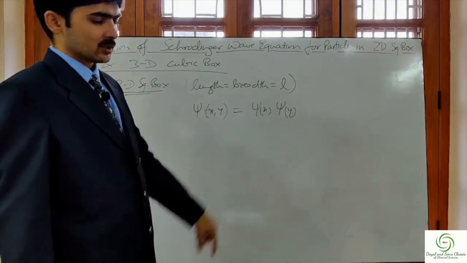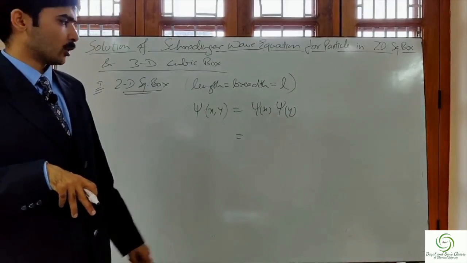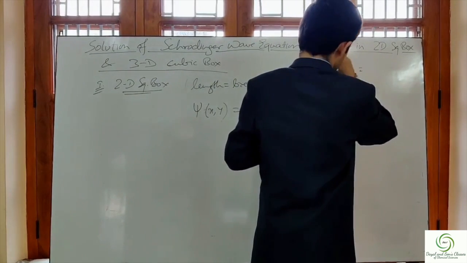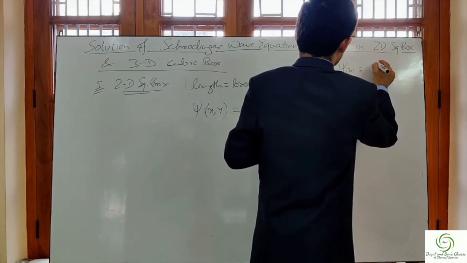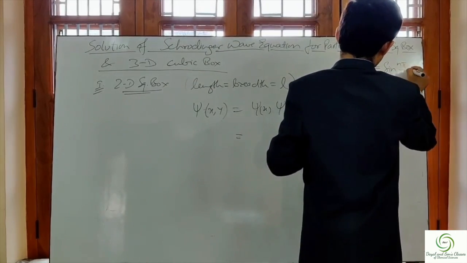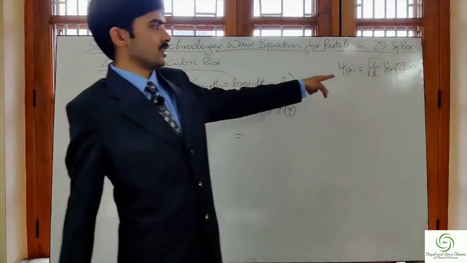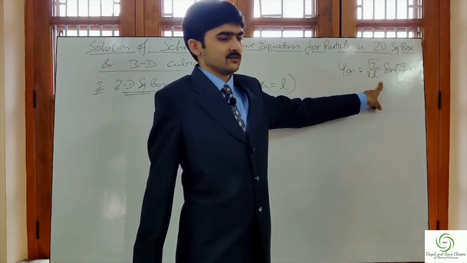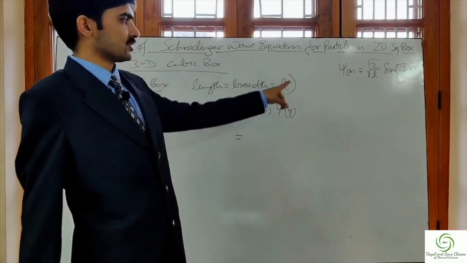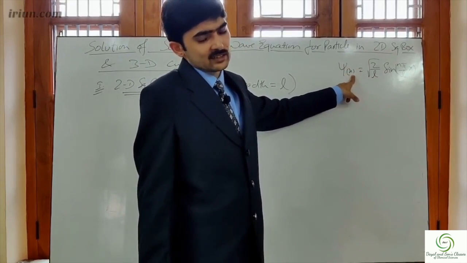From the one dimensional box we know psi x is equal to under root 2 by L into sine n pi x by L. We replace psi x from this equation, and similarly when we put x equal to y, we will get psi y.